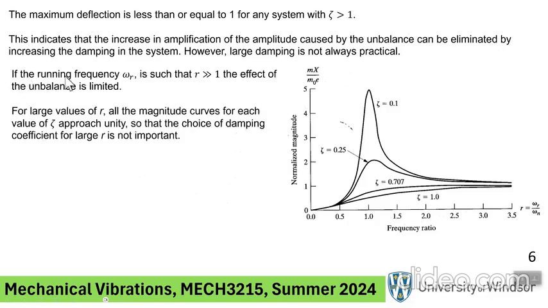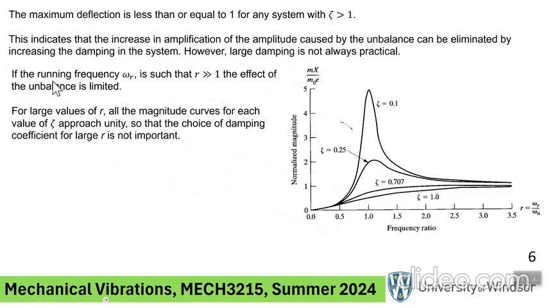Okay, now, if the machine, the rotating component, is turning very, very fast, look at the effect of this unbalance. It cannot do much harm, okay? You may not like the level at which it vibrates, but essentially it says that the effect of unbalance is limited because this ratio goes to 1.